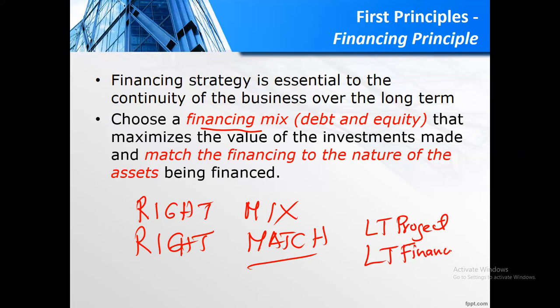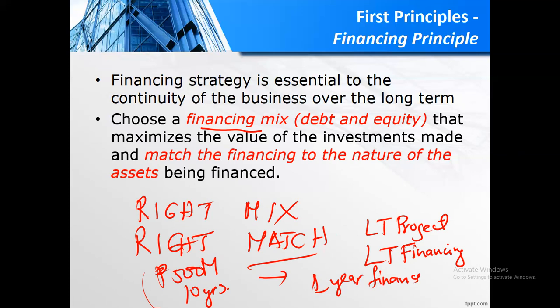There should be matching. For example, the project has a cost of 500 million, that's for 10 years. We do not finance this by a 1-year financing. Finance dictates that a long-term project like this should be financed by long-term financing, long-term borrowing. It's a big blunder for finance to do that. Imagine using the credit card to buy, let's say, a land worth 500 million, credit card payable next month.